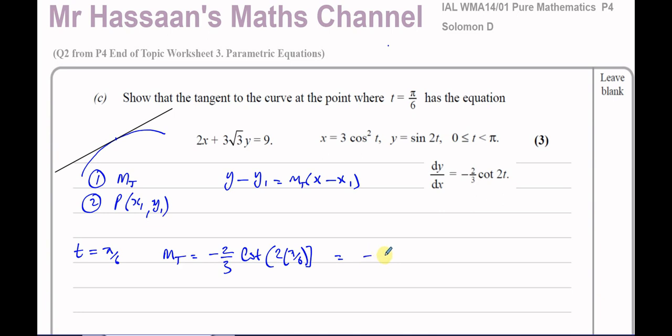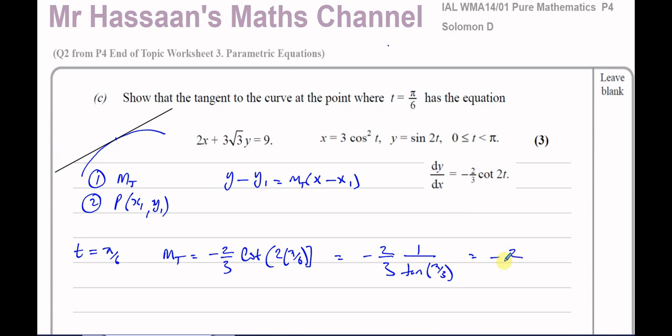Which is minus 2 over 3 times 1 over the tan of pi over 3, because 2 pi over 6 is pi over 3.